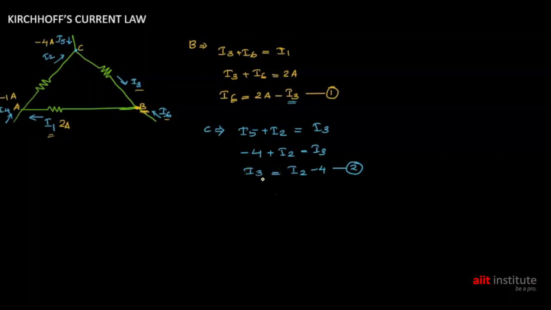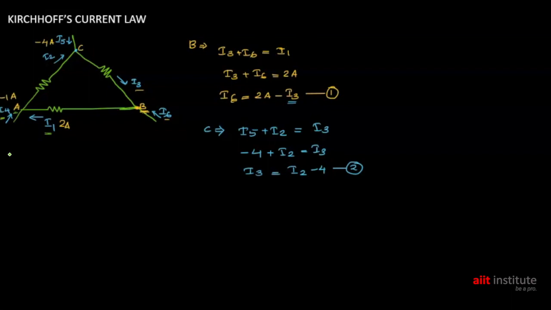Now to find I3 we have to find the I2 current. To find I2 we have to apply KCL on which node? Node A. We know that in node A, I1 and I4 are the two currents entering node A and I2 is the leaving current.